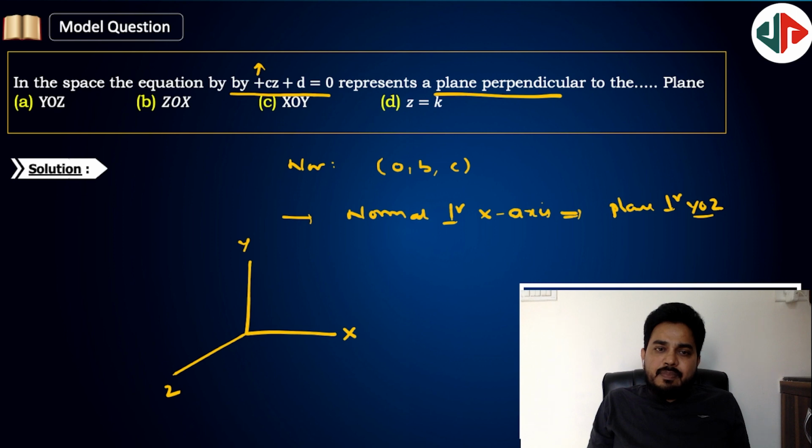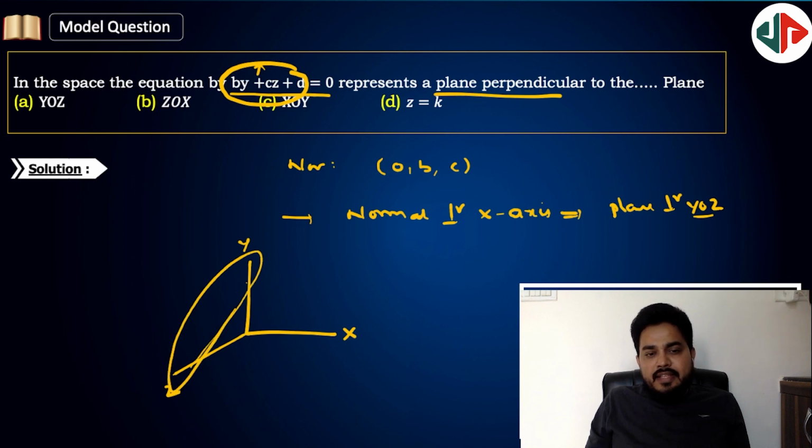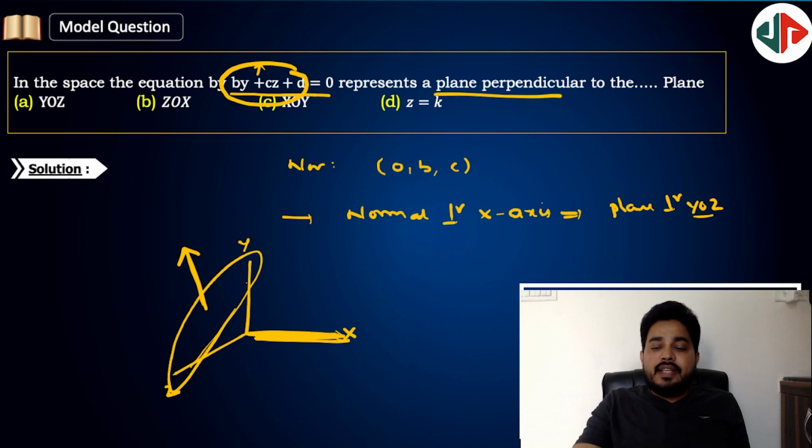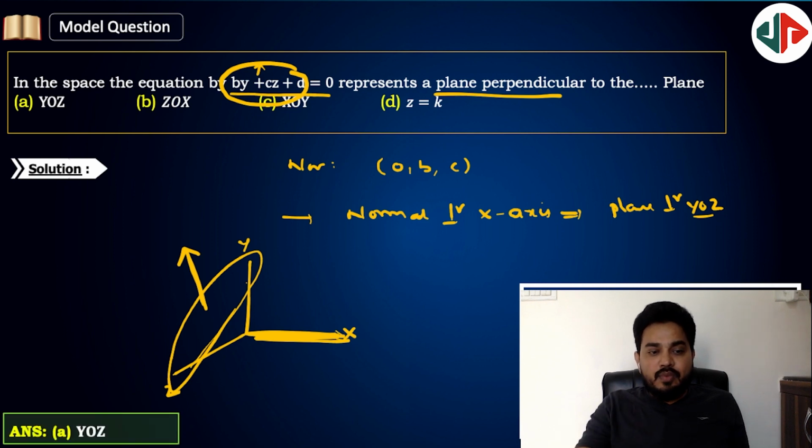So this plane is like this. The x-intercept is there, the y-intercept is there, the z-intercept is this one. So the normal will be like this. The normal is perpendicular to the x-axis, so it is going to be perpendicular to YOZ.